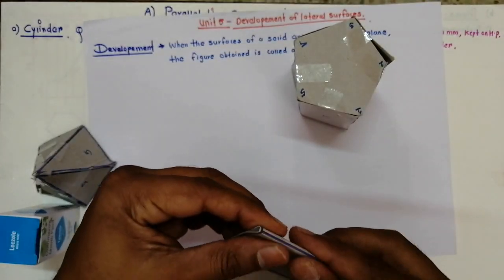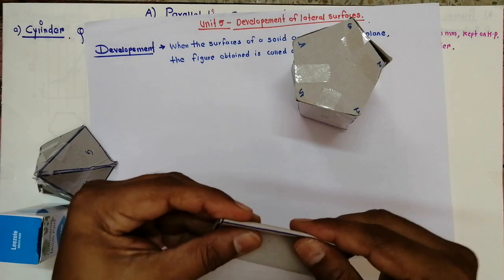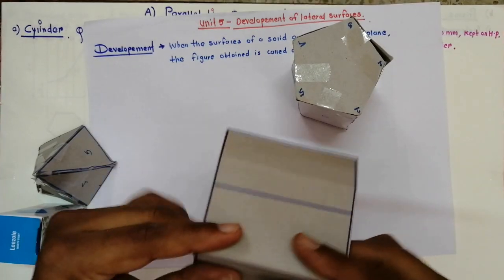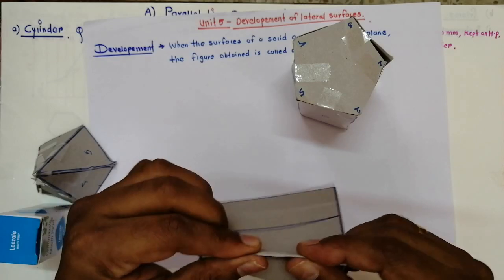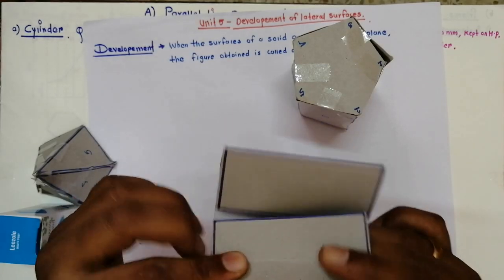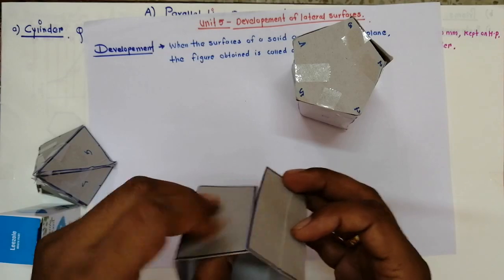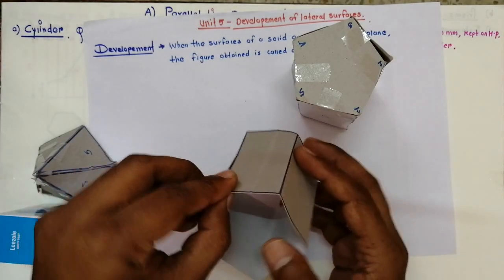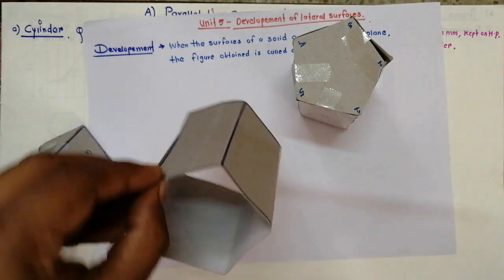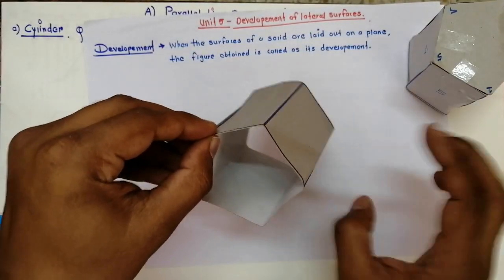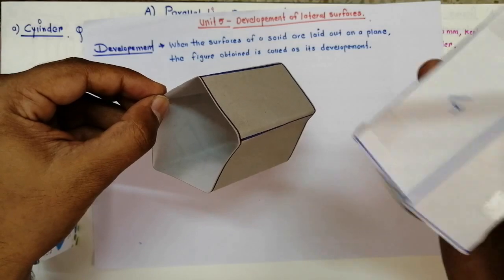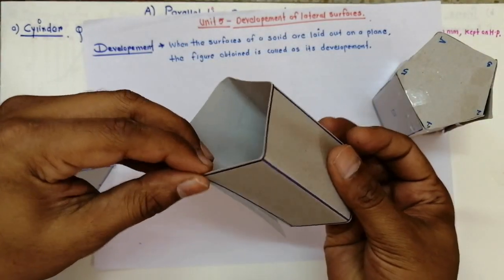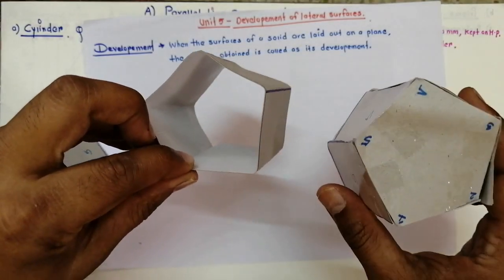Now if I wind this one, this is 1, 2, then 3, 4 and 5. If you join the ends of this development, we get a shape similar to these 5 surfaces. So this is called the development for this pentagonal prism.